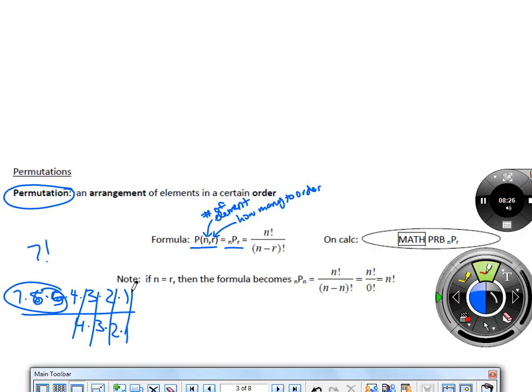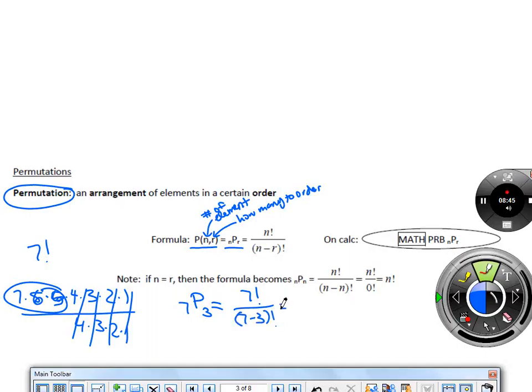So notice what the permutation calculation does. It calculates the factorial, and then it divides off some of the factors. So notice that if we did 7P3, our last calculation, that would have been 7 factorial over 7 minus 3 factorial.